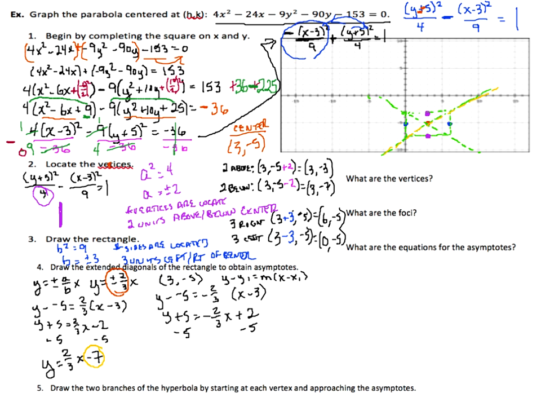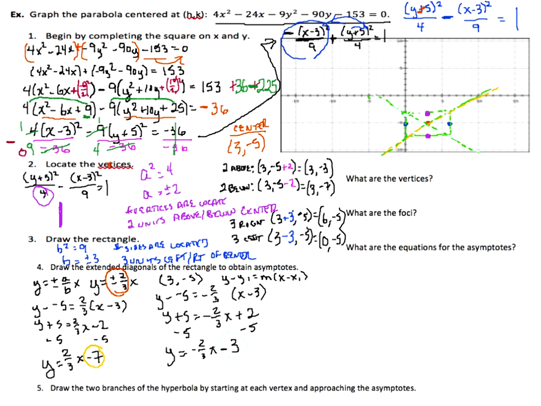Subtract 5 off of both sides, and I get y is -2/3 x minus 3. And let me do another color. So that's this asymptote. And once again, you can see that it crosses the y-axis at -3. So there are the equations of the asymptotes.